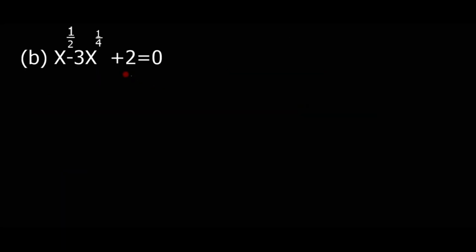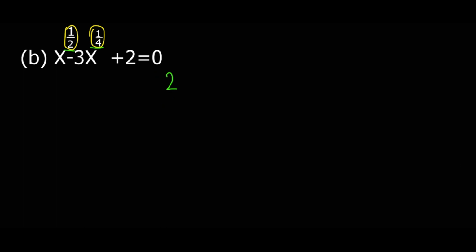Let's see this one. You can notice that even this one is quadratic, because this exponent is 2 times this one. If you're not sure, just use the calculator: 1 over 2 divided by 1 over 4. It will give 2. So we say indeed it is 2 times this one. So the first thing you must do is make sure that the bigger exponent is 2 times the smaller one.